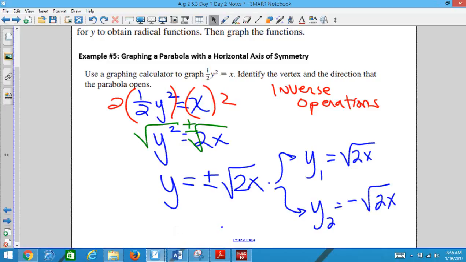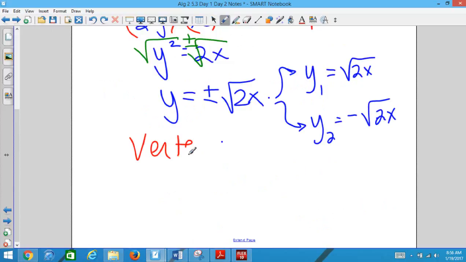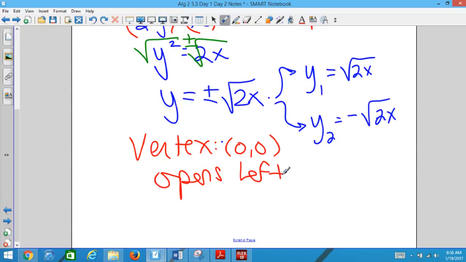So my vertex is where? And it opens left. Okay, next question.